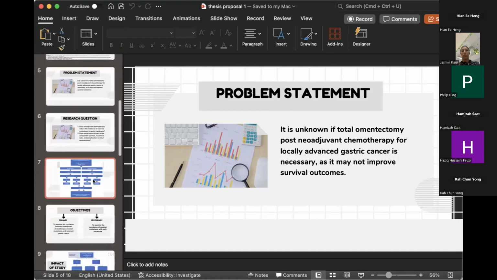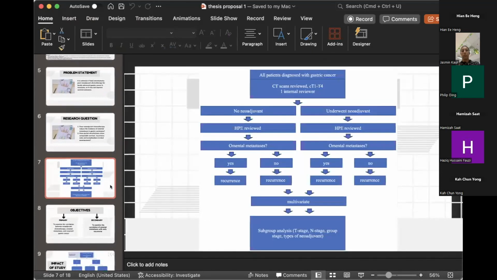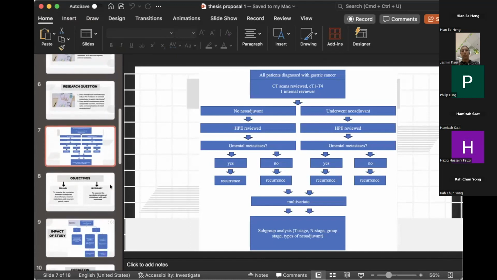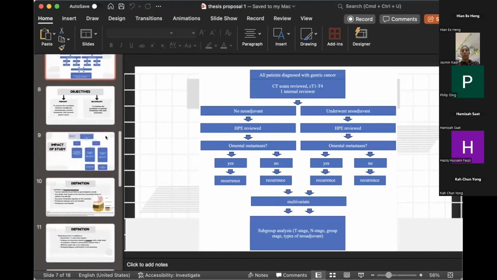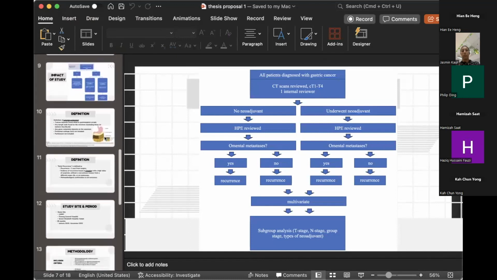It is a retrospective study. I will compare all patients with gastric cancer in two arms, whether they underwent neoadjuvant or no neoadjuvant, but both with curative intent. Then I will do a multivariate analysis.